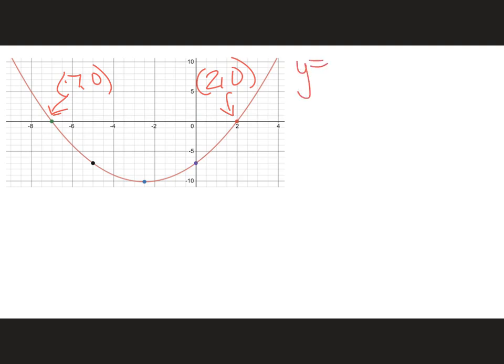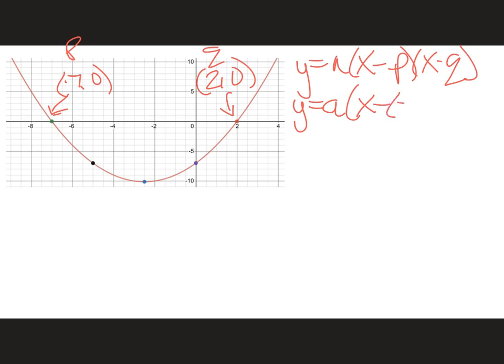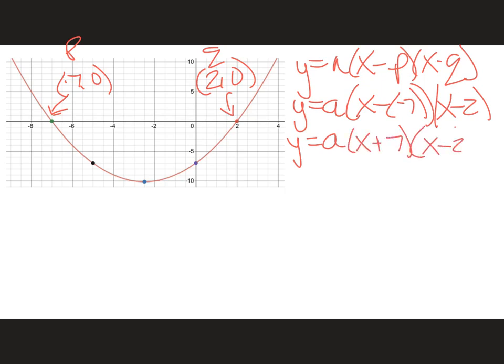So y equals a times x minus p, x minus q. And then let's call this one p and this one q. So we would have y equals a times x minus negative 7, x minus 2. And then we'll simplify the minus negative 7. So y equals a times x plus 7, x minus 2.